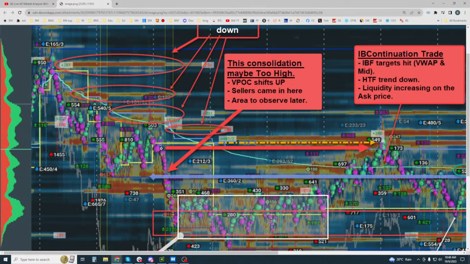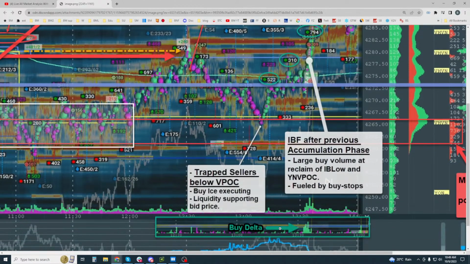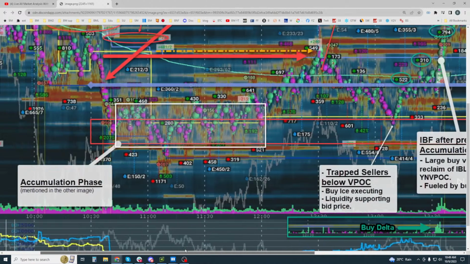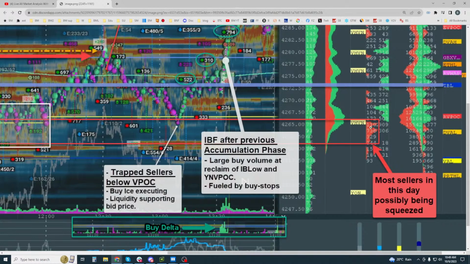I think you were maybe alluding to this area here, where those sellers really came back in. That's where they will be out of control in the move to the upside, and then you can look for the stop runs to the upside. That's a little bit bigger picture stuff, but yeah, accumulation phase, and then also another nice image here on the trapped sellers in here. Beautiful stuff.